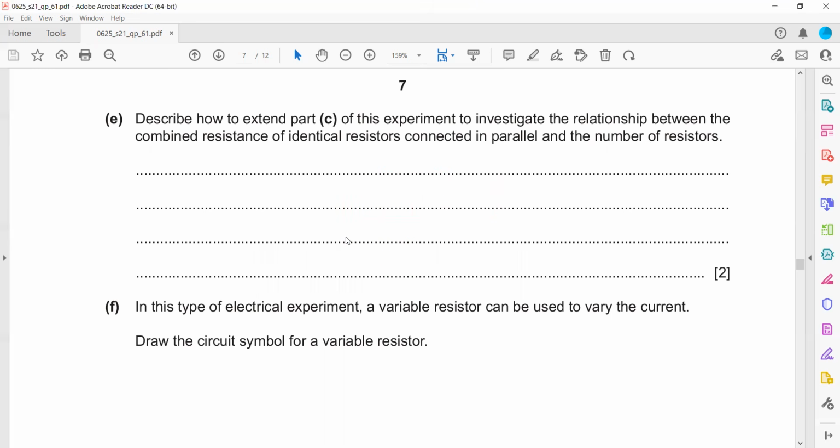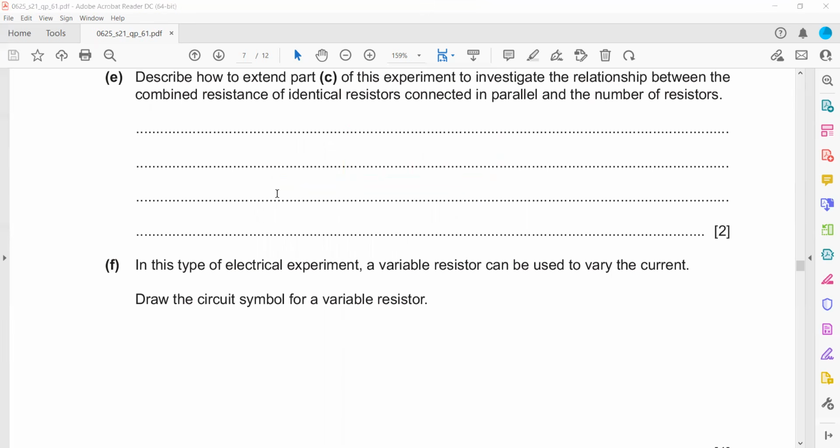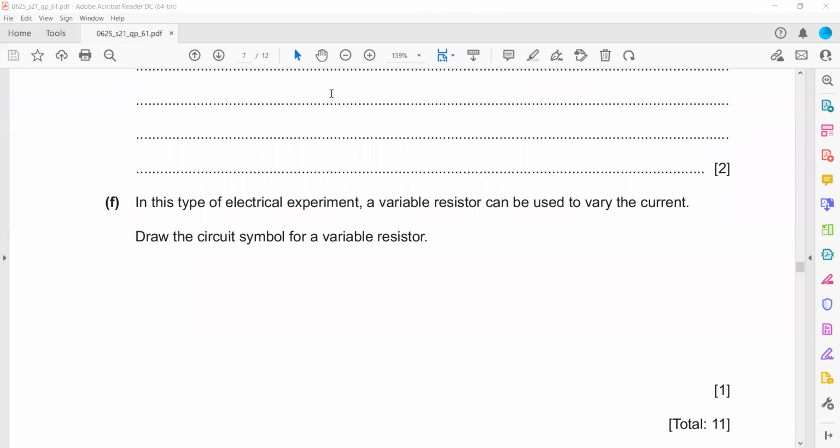In this type of electrical experiment, a variable resistor can be used to vary the current. In the space here, you have to draw the symbol for a variable resistor. So what is the symbol for a variable resistor? It's a rectangular box, and there are two ways to draw the circuit symbol for a variable resistor.